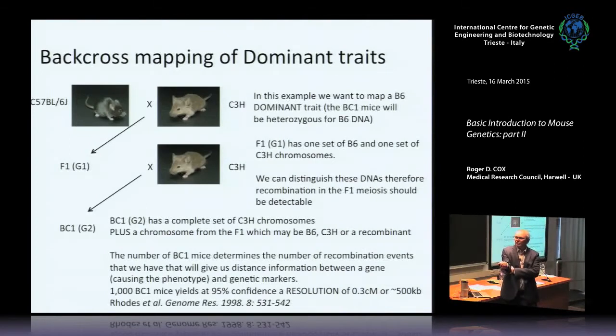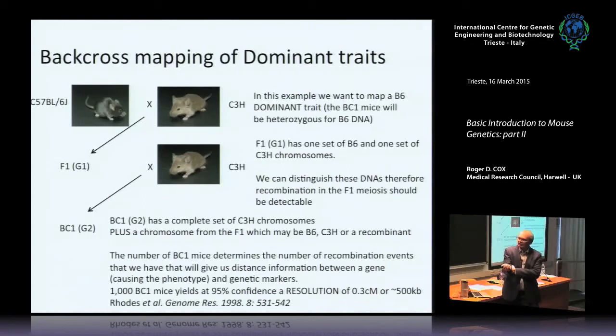Your back-cross 1 mice will contain recombination events from this F1 individual, and so they'll have potentially a recombined chromosome opposite a C3H chromosome. So this is fine for dominant traits. You'd measure your phenotypes in this generation, genotype the DNA, using polymorphisms between C3H and black 6, and follow the segregation in that back-cross population.